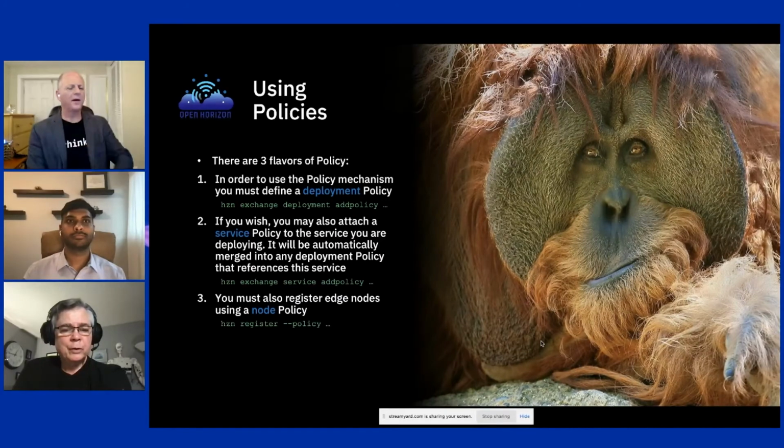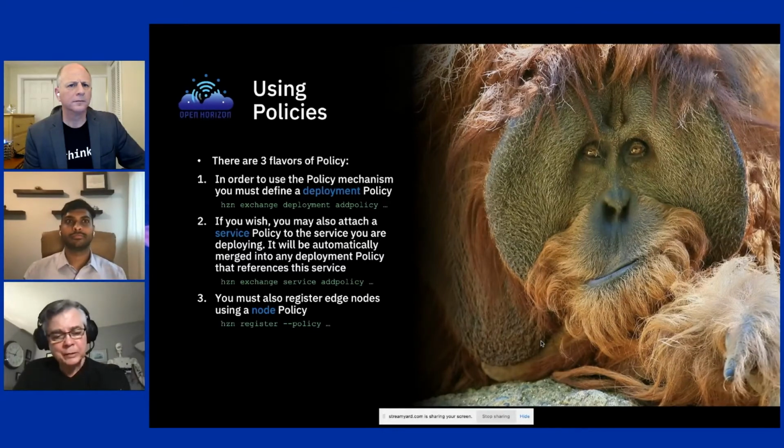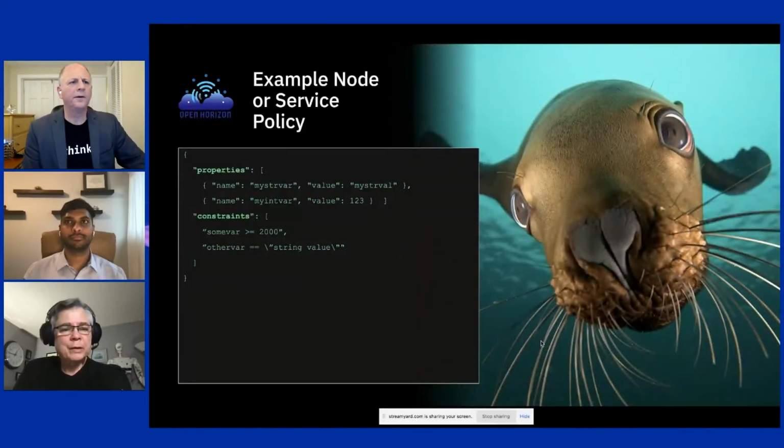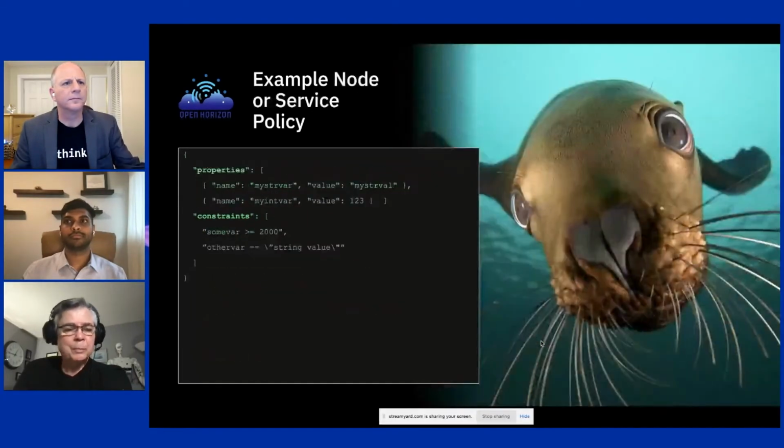Then for the whole mechanism to work, you have to register your edge nodes using a node policy, and that's just hzn register --policy instead of using hzn register --pattern. So here's an example policy file. This is the way that node policies and service policies look. They consist of 2 parts, properties and constraints.